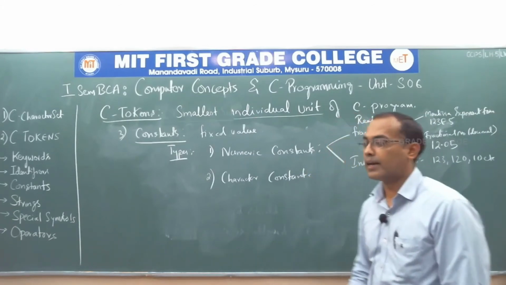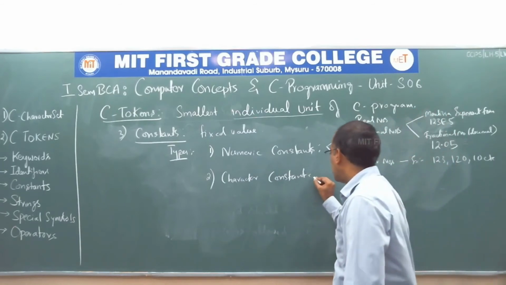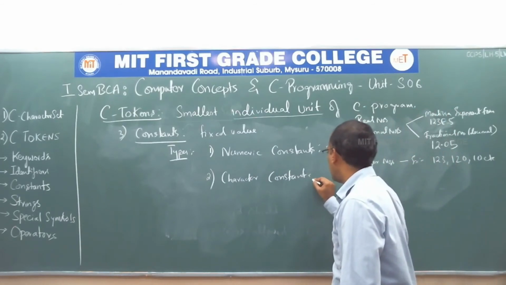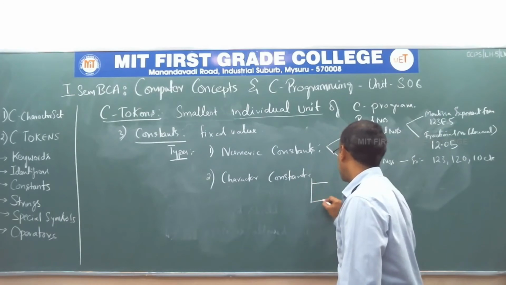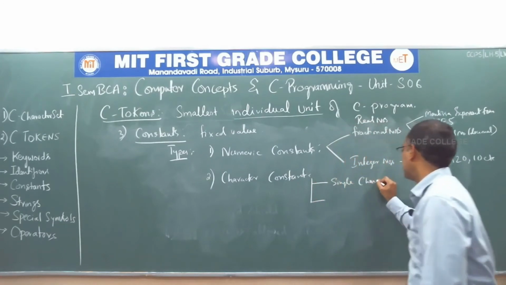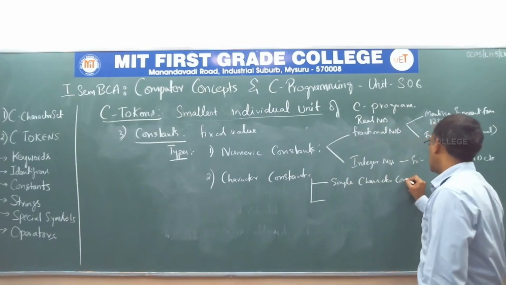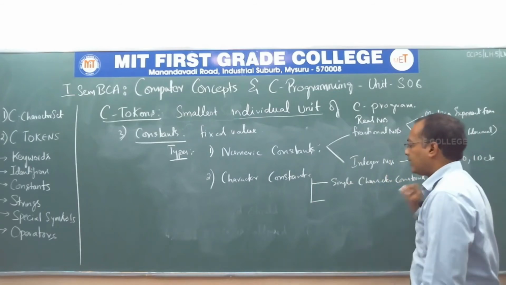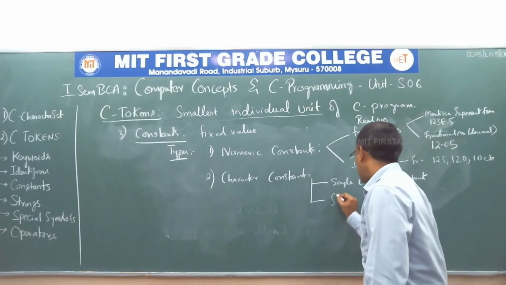Now we will see character constant types. Under character constants also we have two categories. One is called a single character constant, another is called a string constant.